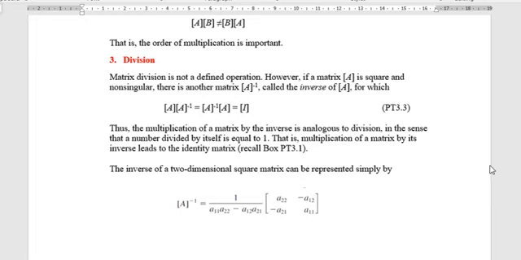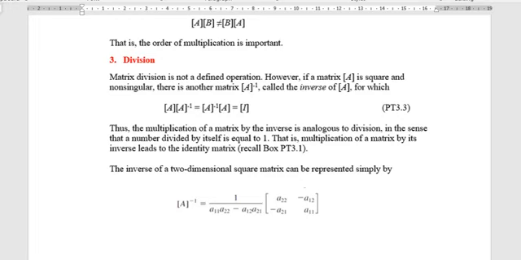That is, multiplication of a matrix by its inverse leads to the identity matrix. The inverse of a two-dimensional square matrix can be represented simply by this expression.